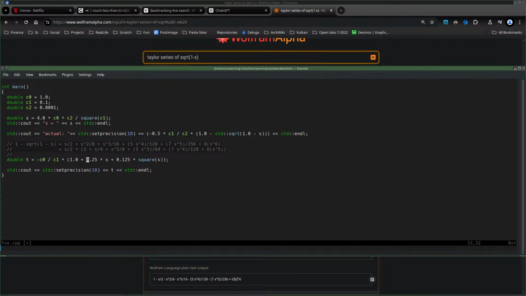So this is something times S, I can remember that, right? Something times S, where the something is a quarter. I'll just have to write that as 1 divided by 4, I suppose.